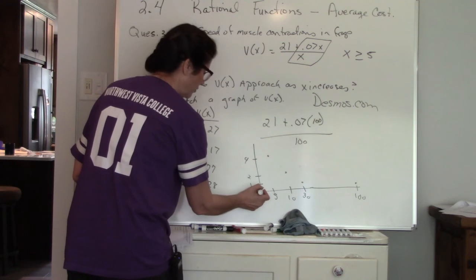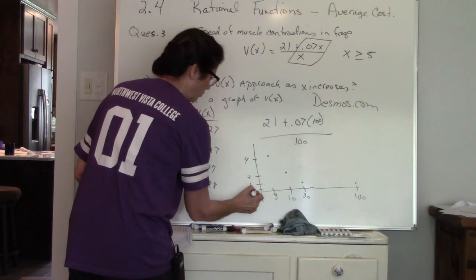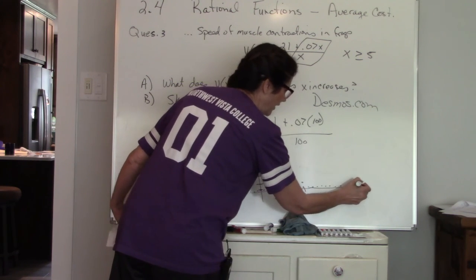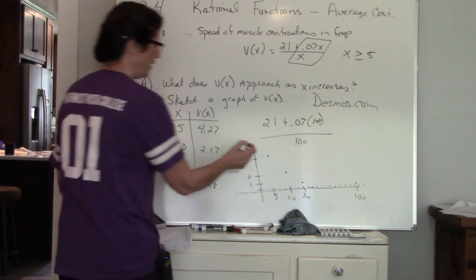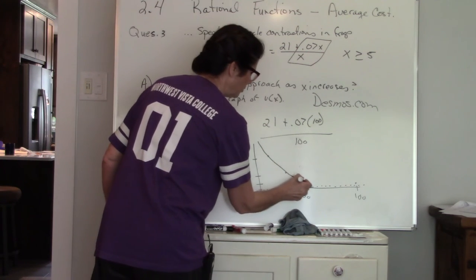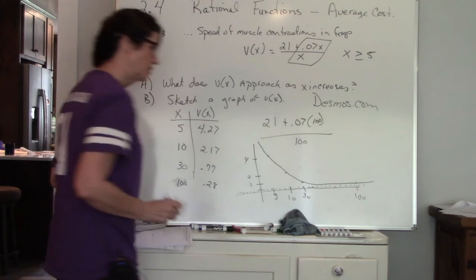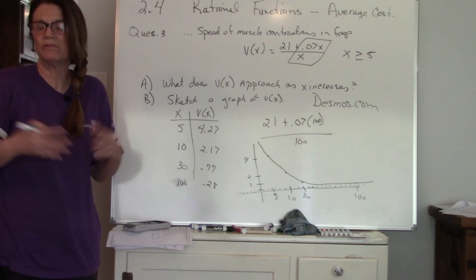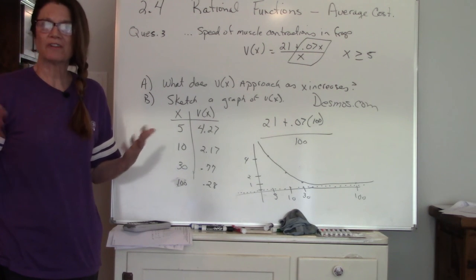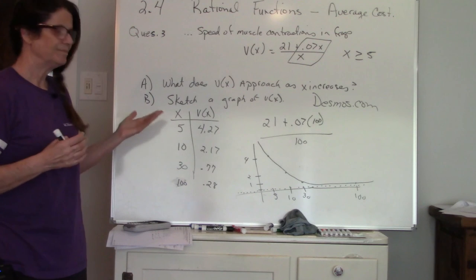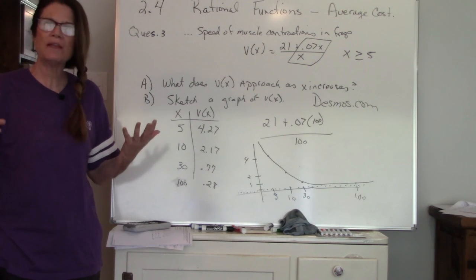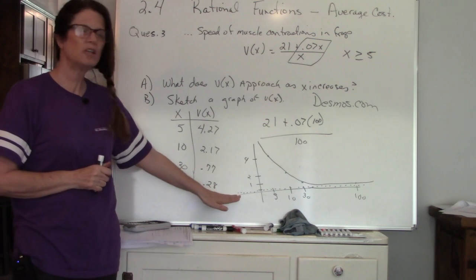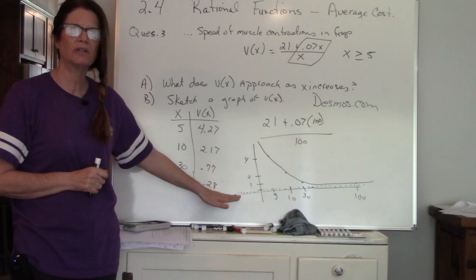Okay, and our horizontal asymptote is, I'm trying to do this straight, is at 0.07. Okay, so we know our graph is going to approach but not touch 0.07, and that's our graph. Again, Desmos will confirm everything that you need, but it's pretty easy to graph because you know the basic shape. You know it's that curved shape that you're looking for, and you know it's approaching 0.07 but not crossing 0.07, and that's number 3.